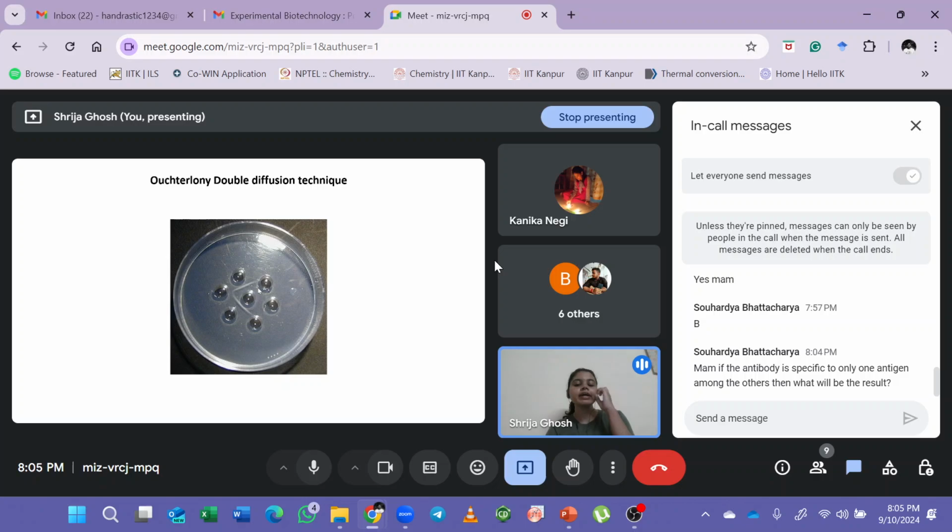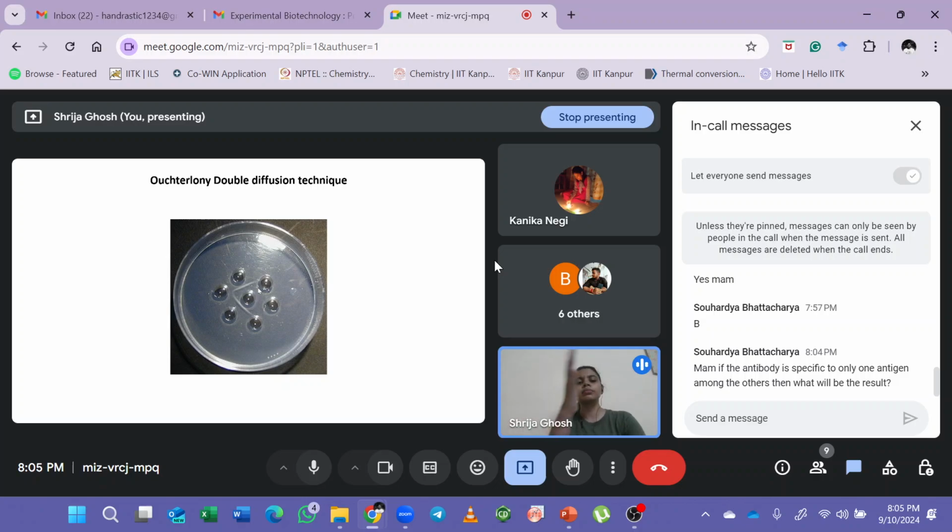If I have an antibody and 6 different types of antigens, and I want to see which antigen is actually reacting with this antibody, you can check it by doing this assay, and whichever antigen is reacting with this antibody will show the precipitation line.